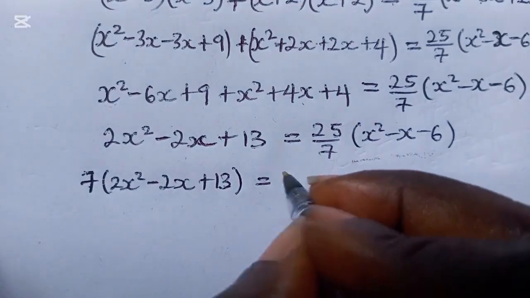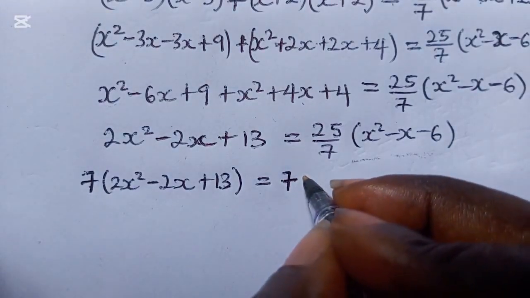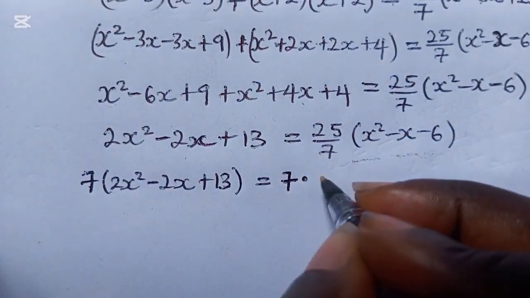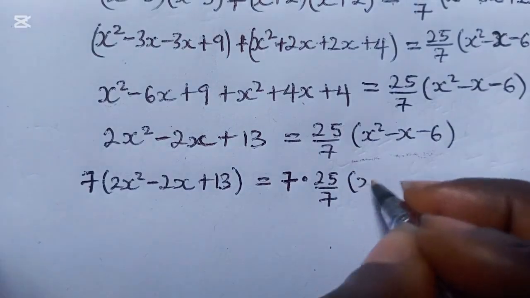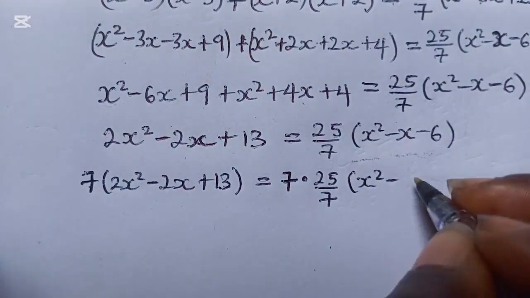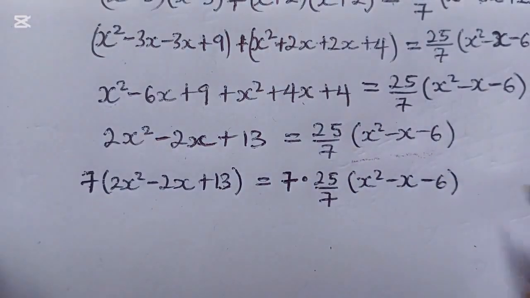equals to 7 times 25 over 7 into x square minus x minus 6.